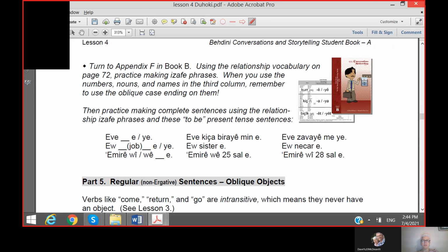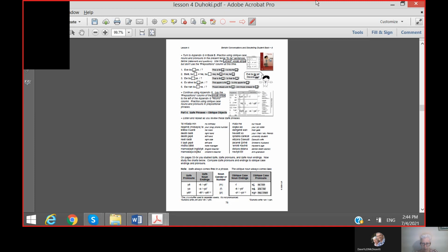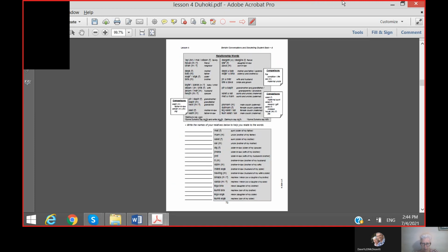Now turn to Appendix F and use the relationship vocabulary on page 72. Let's make sure I have that right. Yes, the relationship words that are on page 72.